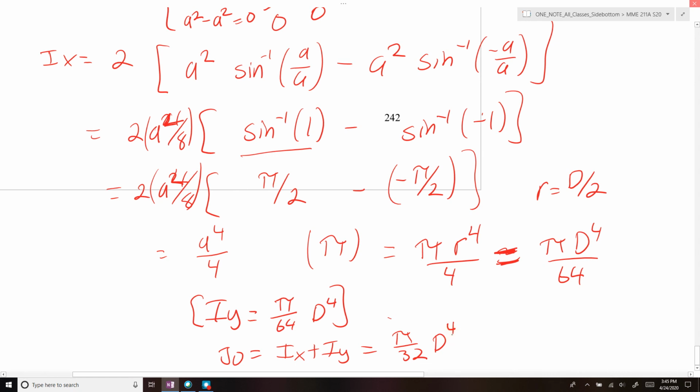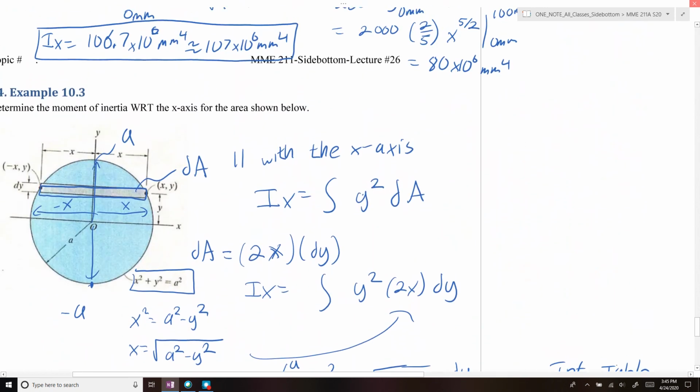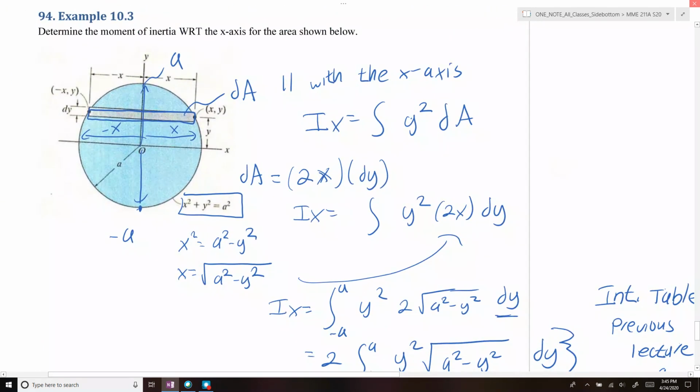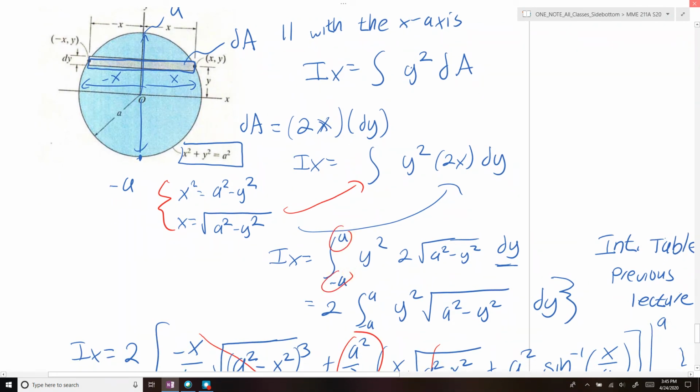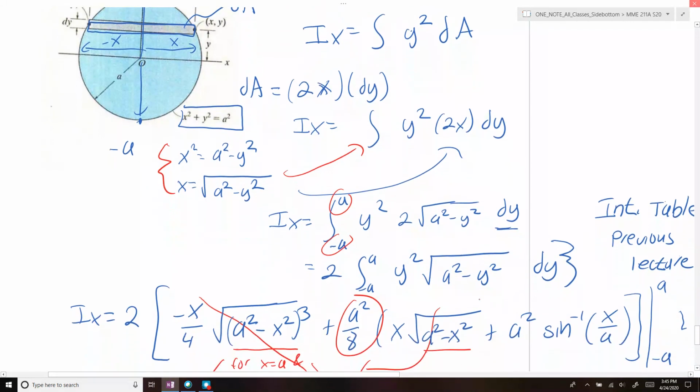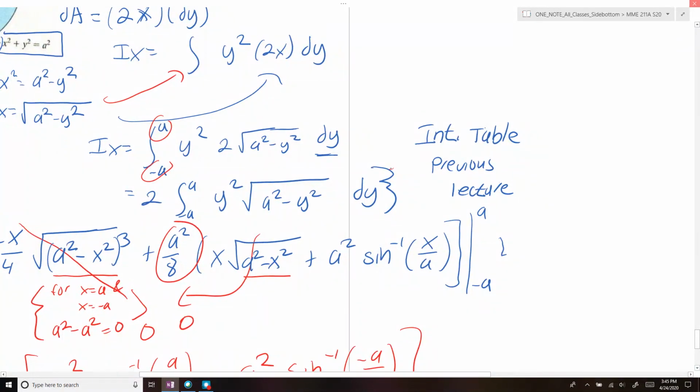Just in summary, we defined our differential element dA in terms of our variables. We then wrote this all in terms of one variable, y, and integrated along the bounds of our integral. We rearranged our integral so it matched a common integral that we can solve using an integration table.